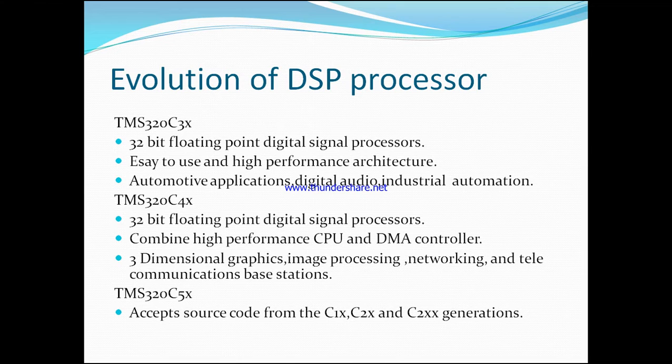The next one is the TMS320C4X processors. These devices are 32-bit floating point digital signal processors optimized for parallel processing. The C4 family combines a high performance CPU and DMA controller with up to 6 communication ports to meet the needs of multiprocessor and input-output intensive applications.